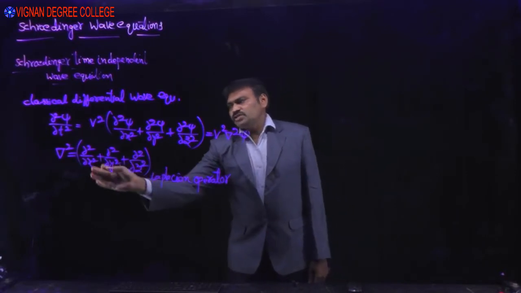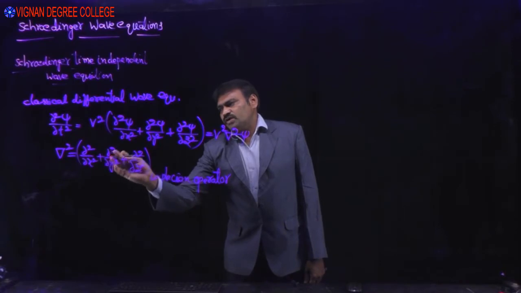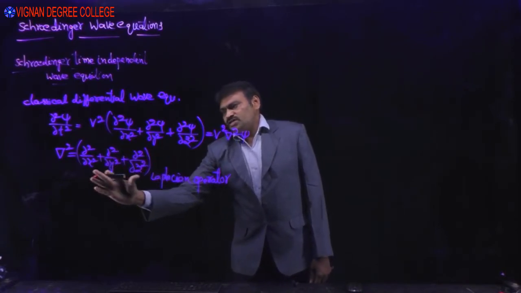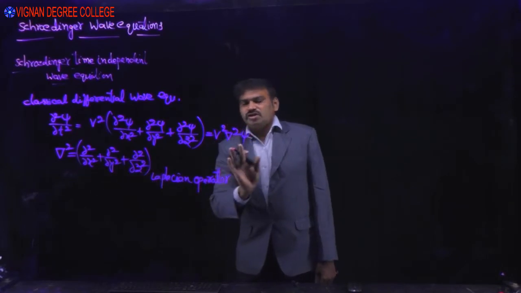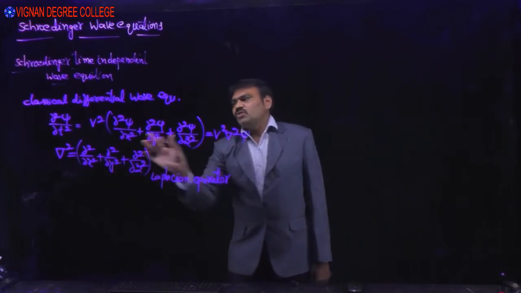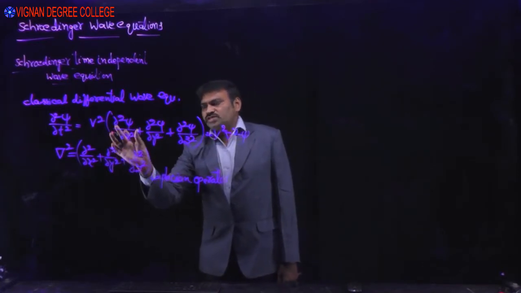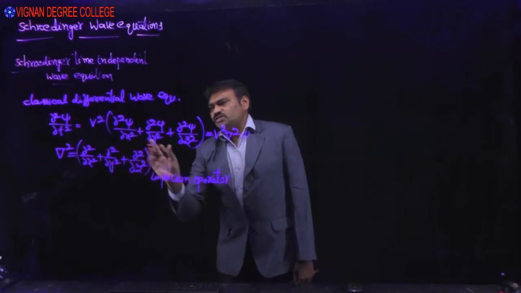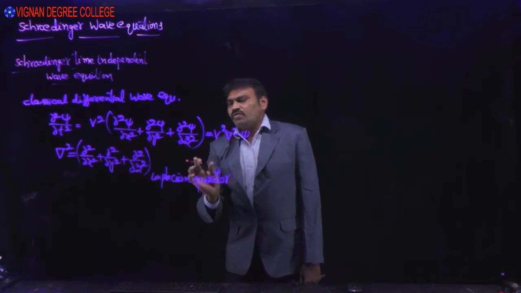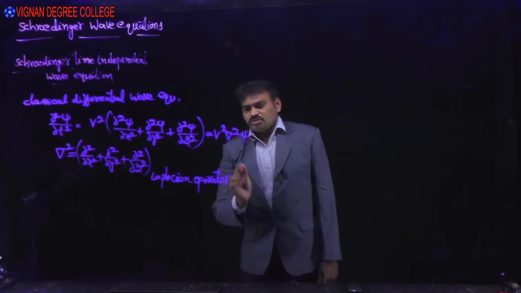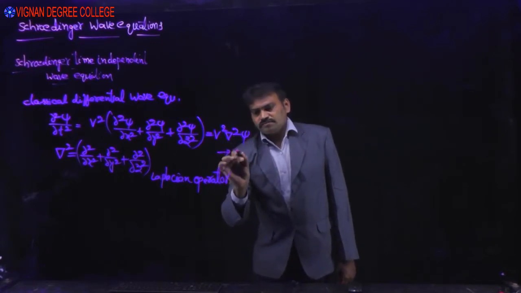When the operator operates on the wave function psi, del square psi becomes dou square psi by dou x square plus dou square psi by dou y square plus dou square psi by dou z square. So this is equation 1.